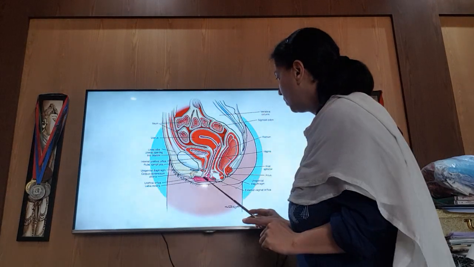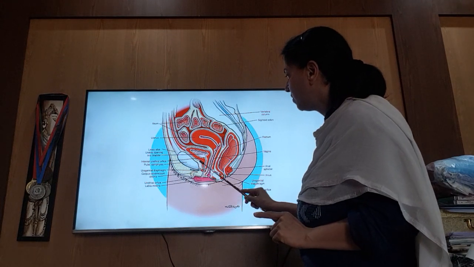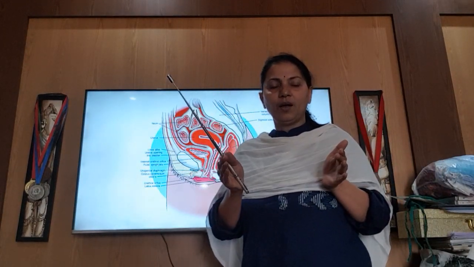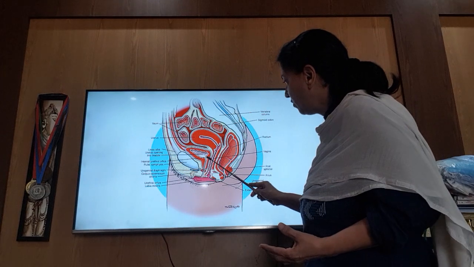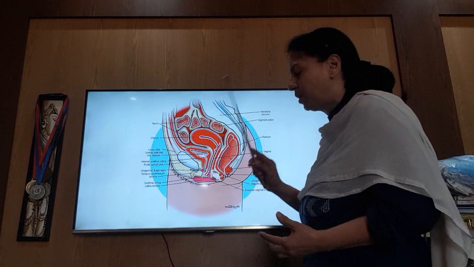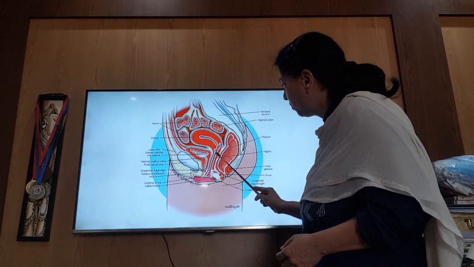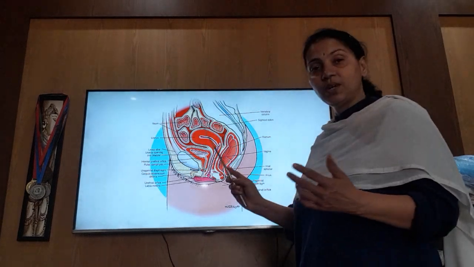Similarly here you can see this is the pubic symphysis, then on the side there is another bone, but in the inferior portion there is no bony support, because we have to give space for the urethra to pass, we have to give space for the vagina to pass, and the vagina is required for childbirth.